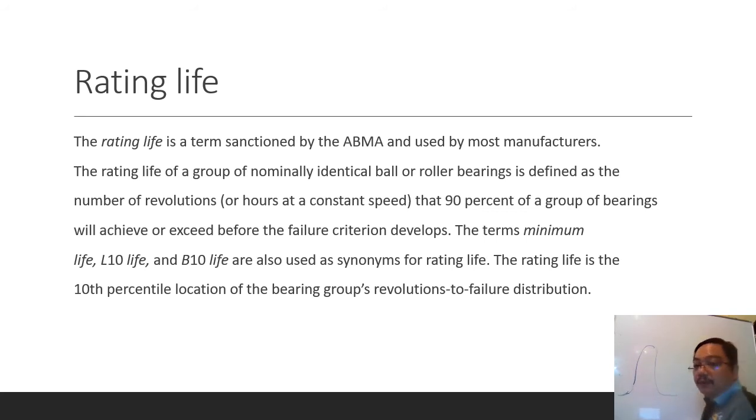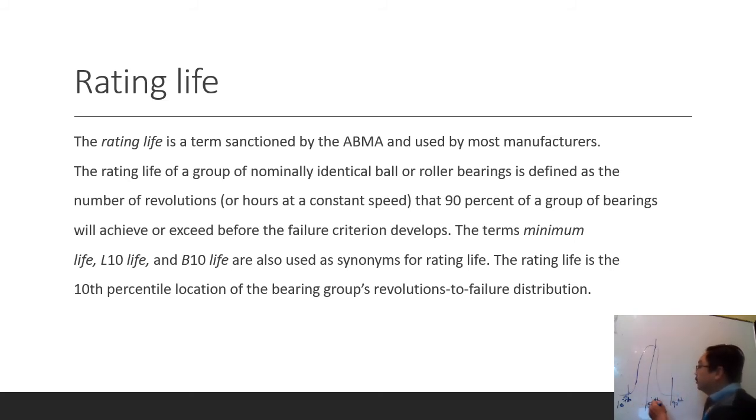the bell shape graph. This is the 10 percentile, 10%. This is the median, 50 percentile. This is the 90 percentile. We will learn about this later on. Basically, if you want to play safe, at the 10 percentile you change.